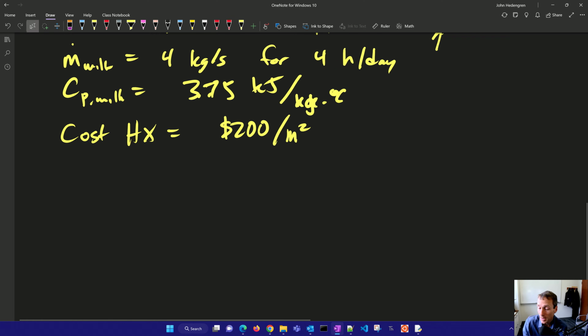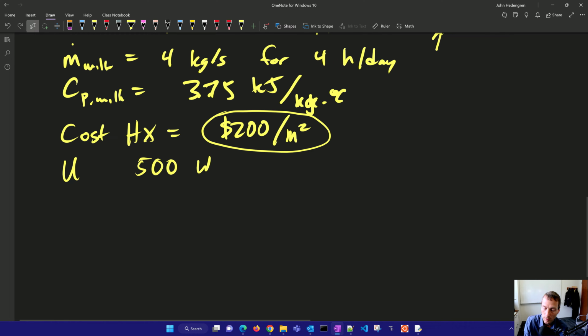Now this is where the economics come into play, where you can have larger heat exchangers and have less utility costs, but then you're going to end up paying for this additional surface area. The overall heat transfer coefficient is going to be 500 watts per meter squared degrees C. That's for the regenerative heat exchanger.